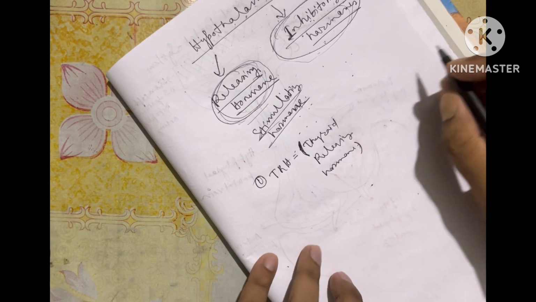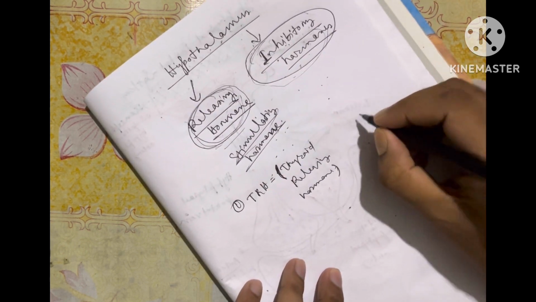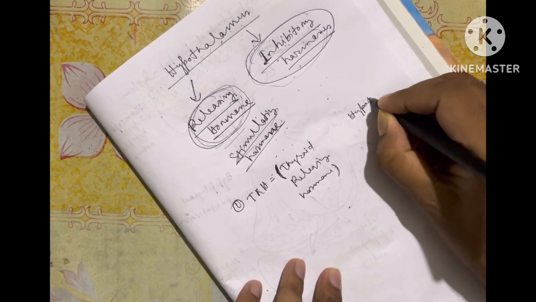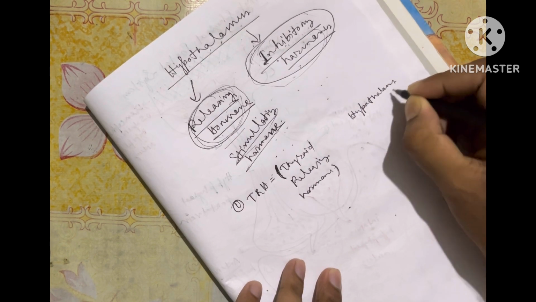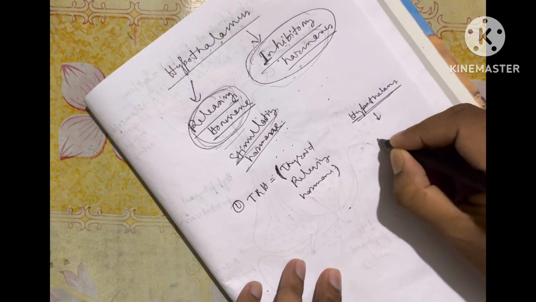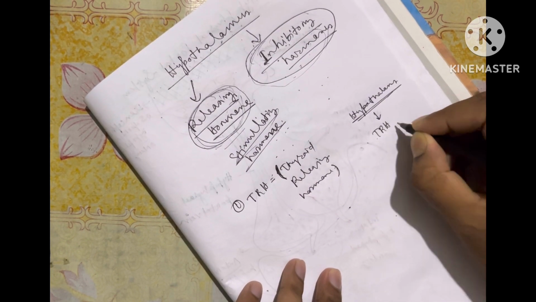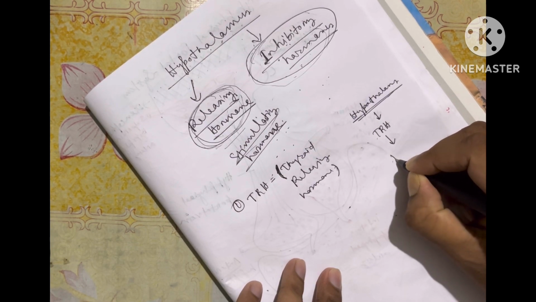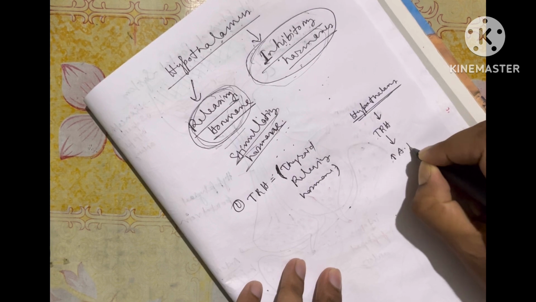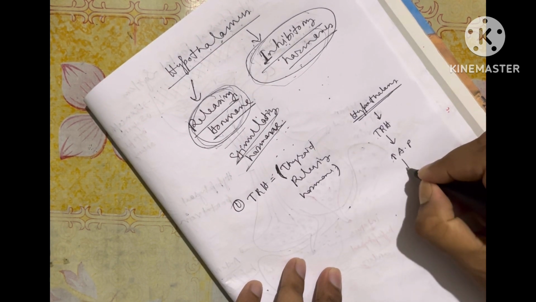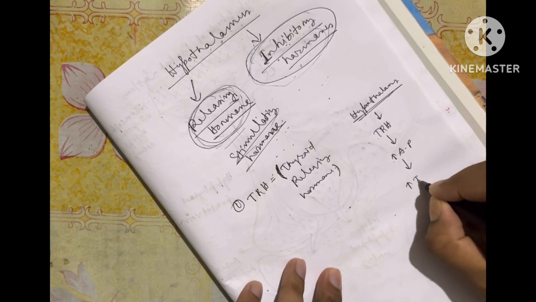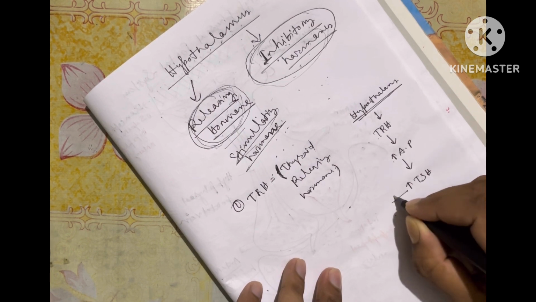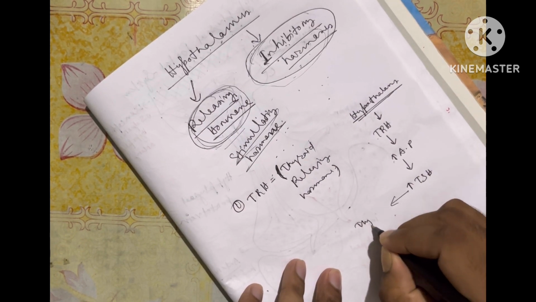So if we go through how this basic mechanism works, we'll discuss it in detail. Hypothalamus will secrete TRH, and that TRH will stimulate our anterior pituitary, and that anterior pituitary will synthesize TSH, and then TSH will go to the thyroid gland.